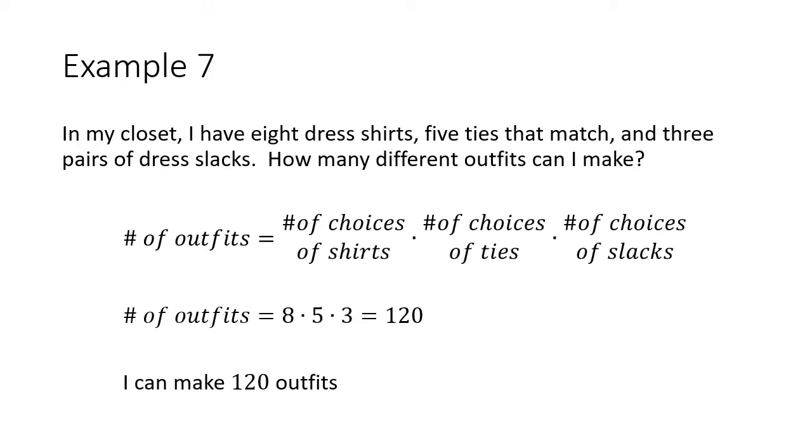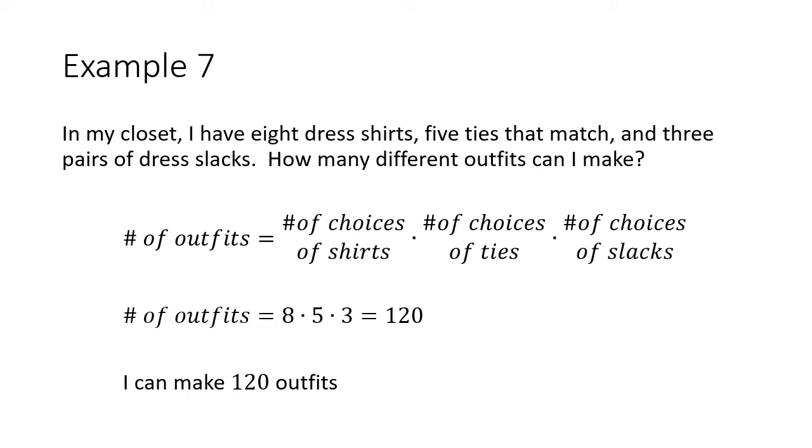So for example, in my closet, I have 8 dress shirts, 5 ties that match all 8 of those dress shirts, and 3 pairs of slacks. So how many different outfits can I make? Well, when we have something like this, and again, we're trying to find out the number of ways we can do things, typically we have to go through each choice one at a time, figure out how many choices there are for each one of these individual events, and then we just multiply them.